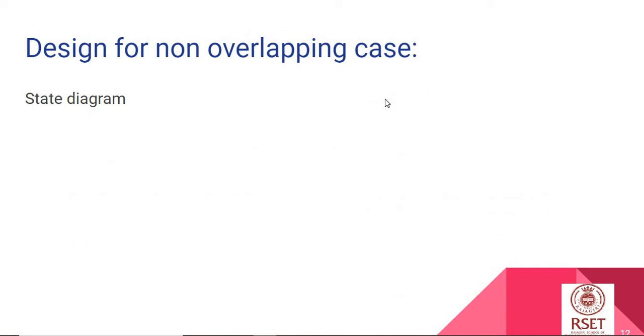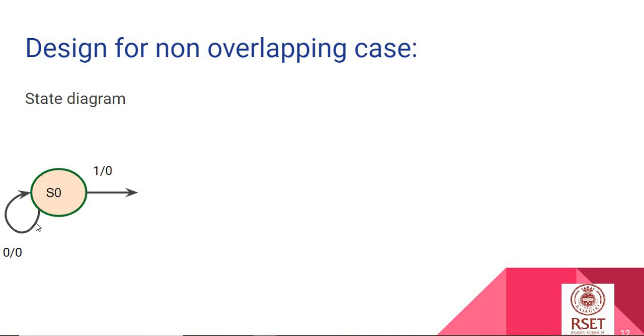So the state diagram, we will see how we can draw the state diagram for this case. First we have the state. This state means we are at the start state. We don't have anything. We are ready to accept the sequence. So at the start state, when I get a 0, I know my sequence hasn't started. My sequence starts only when I get 1.